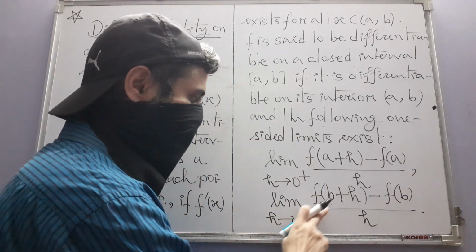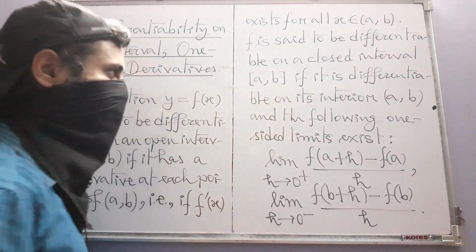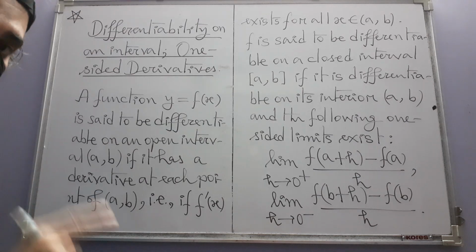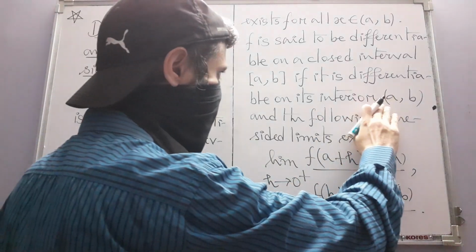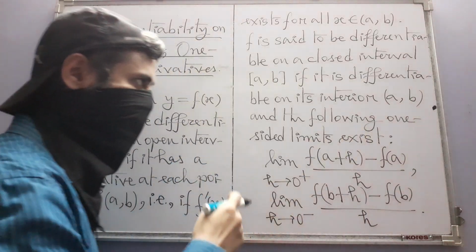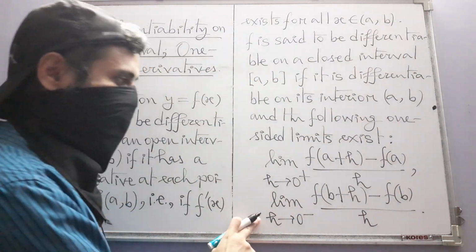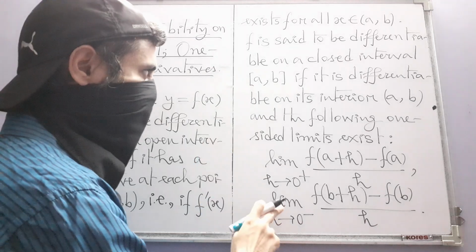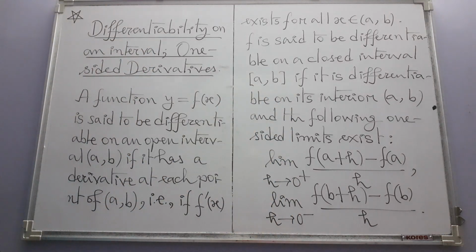So here we have to take h negative, and that's why we have one-sided limits at the boundary points, the endpoints. If these limits exist, then, besides having all the derivatives at the interior points, we say that our function is differentiable on the closed interval.